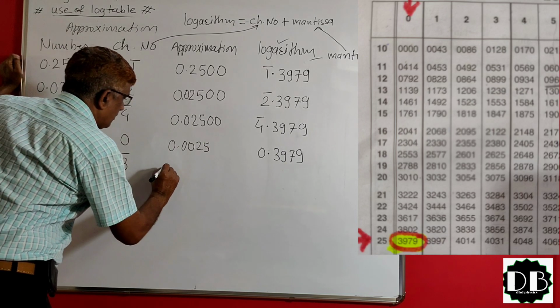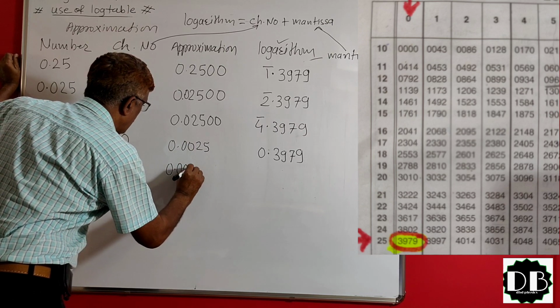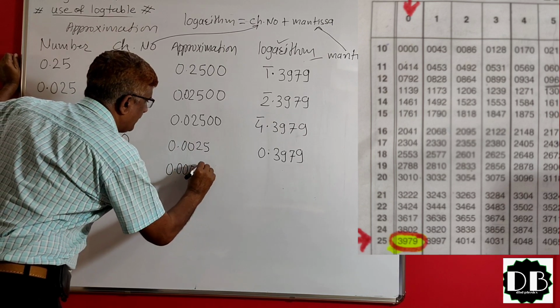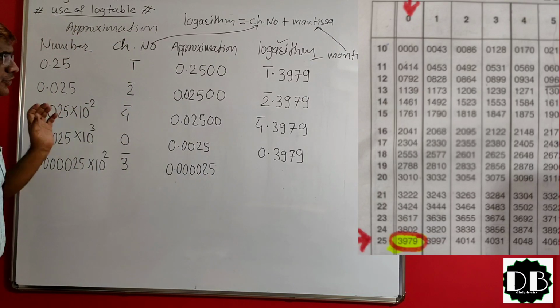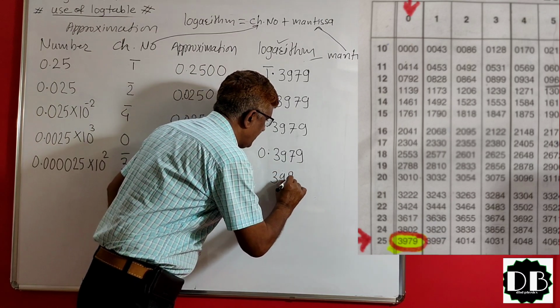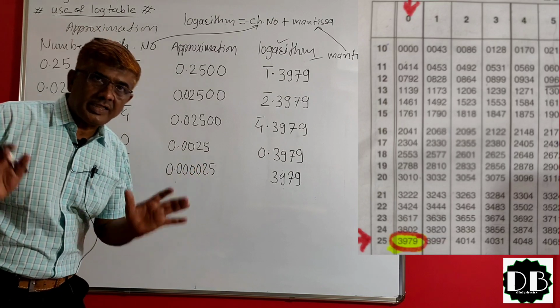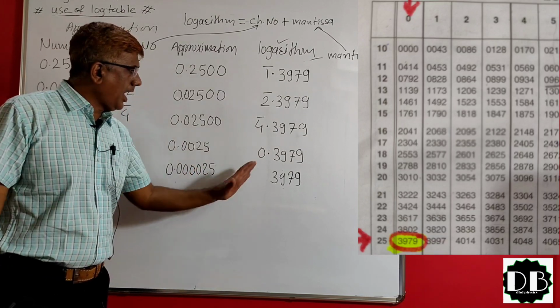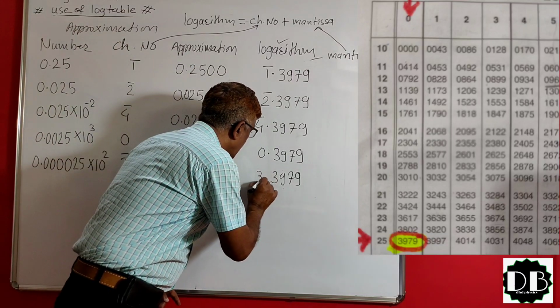Now approximation remains as it is, 0.00025, doesn't matter. Mantissa of 25 to 0 is again 3979. This is the mantissa from the log table. Add the character number into it. Character number is bar 3.